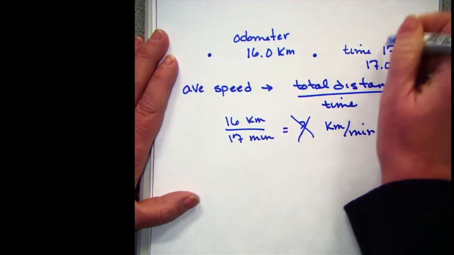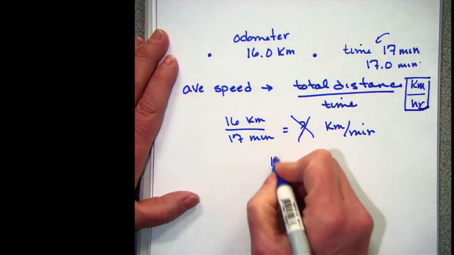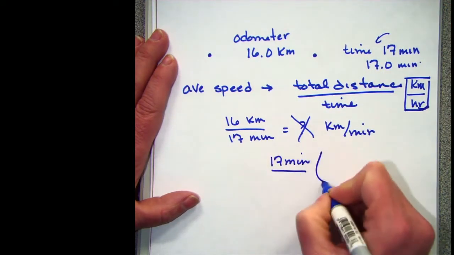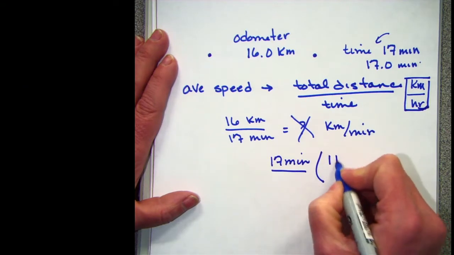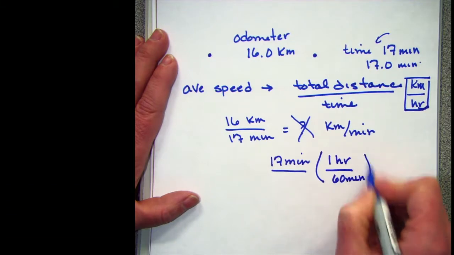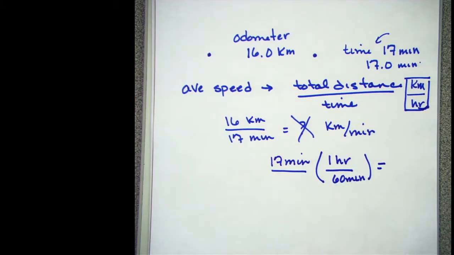So the first thing we have to do is convert my 17 minutes into an hour. So 1 hour is 60 minutes. And if you put that into the calculator, you get, that's not right. Helps if you type it into the calculator correctly.